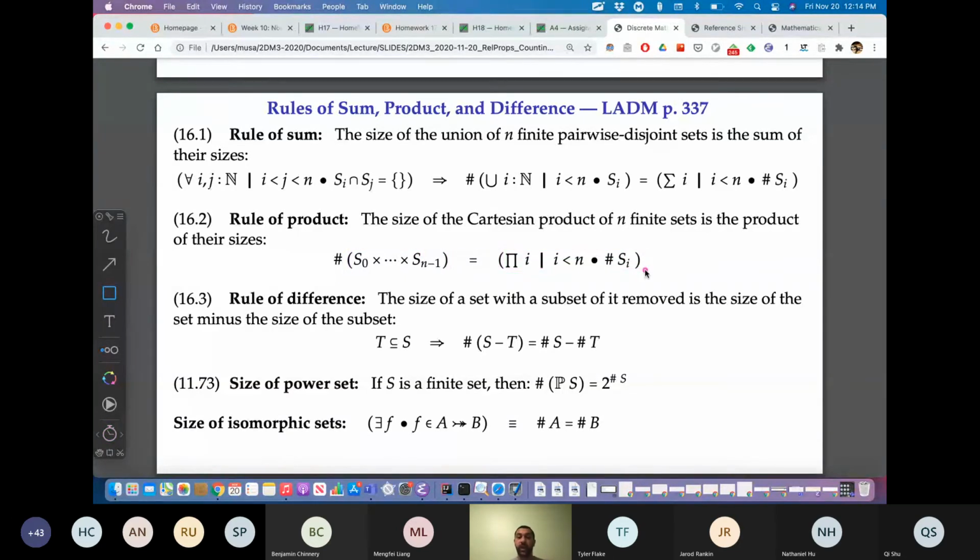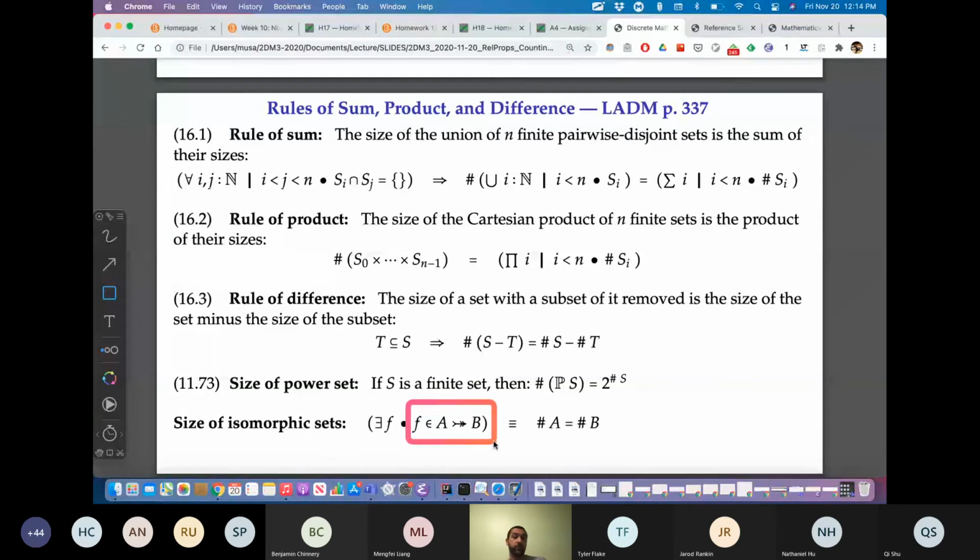And then the last one says, if I have a bijective mapping between A and B, then in fact the sizes of A and B are the same. They are equinumerous sets. They have the same amount of things. So what does this mean? It means every A value can be associated to a B value.